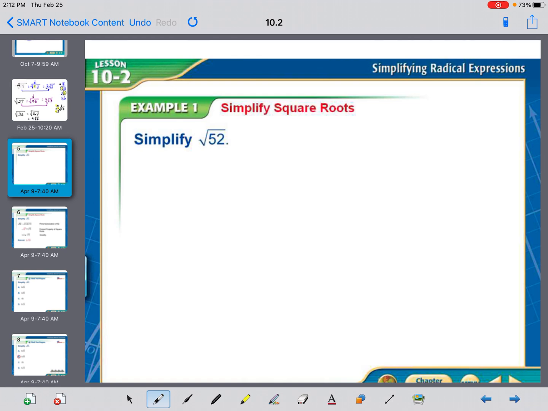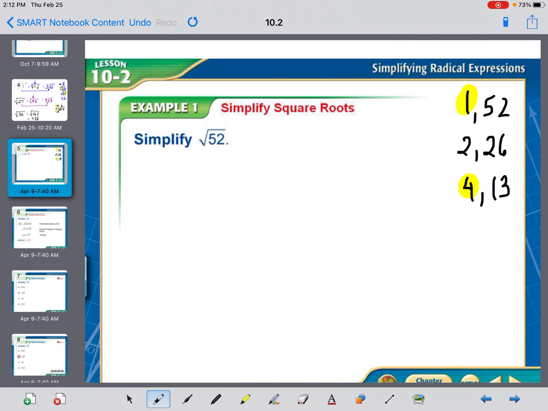So the square root of 52. Now, I don't run around every day thinking about all the factors of 52, but I should be able to generate them pretty easily like we did in our factoring chapter. 2 and 26. 3 doesn't work. 4 and 13. And I think that's all. So you can see we have 2 squares hiding in there.